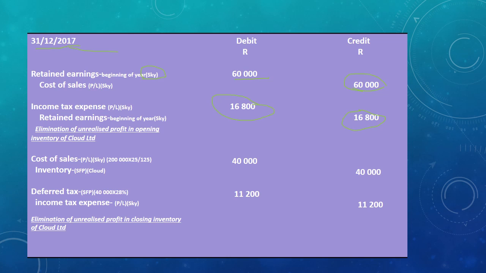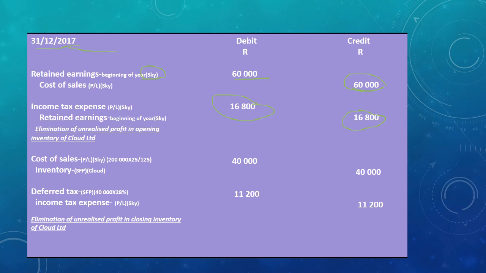Now, we have to deal with the 200,000 inventory which was on hand in the books of Cloud Ltd at the end of the current year, 31 December 2017. We'll first have to do what we did last time, which is removing the unrealized profit from the closing inventory, since you cannot make profit if companies in the same group are selling to each other.